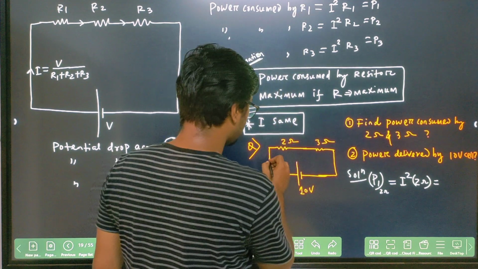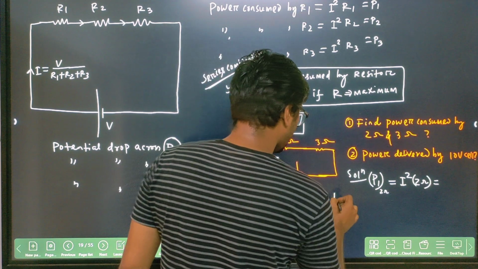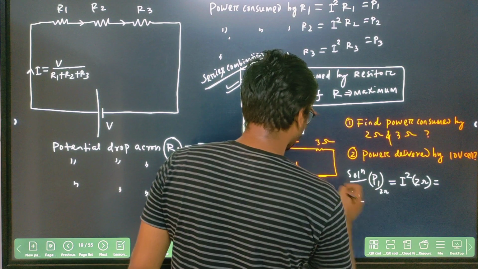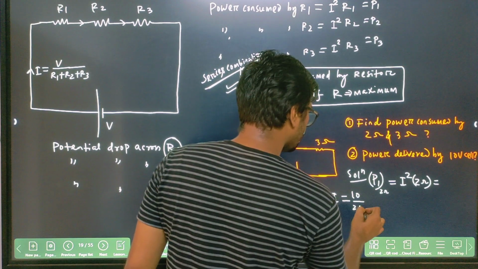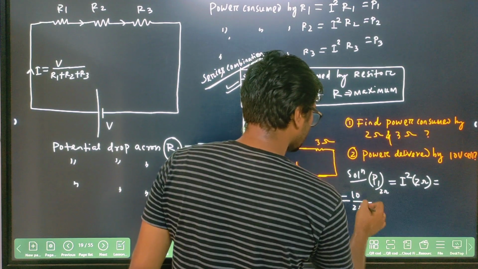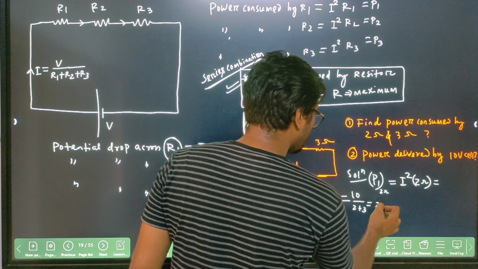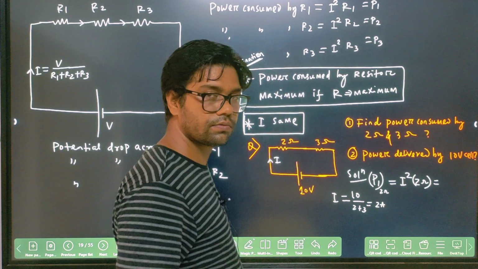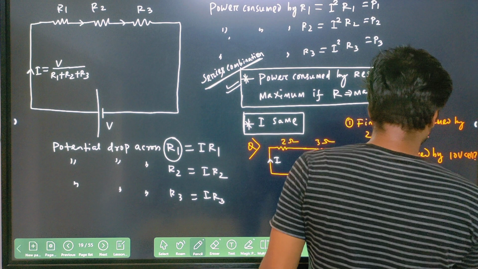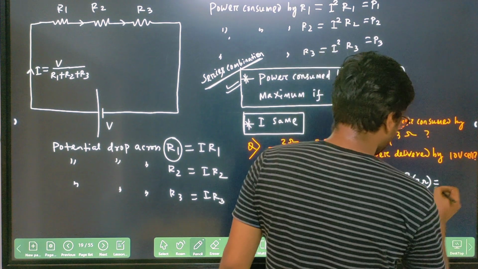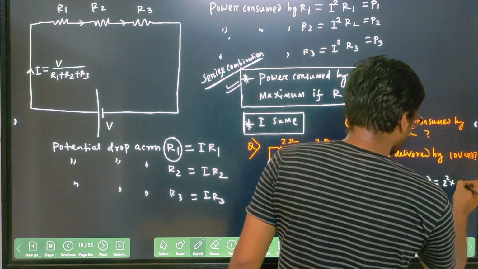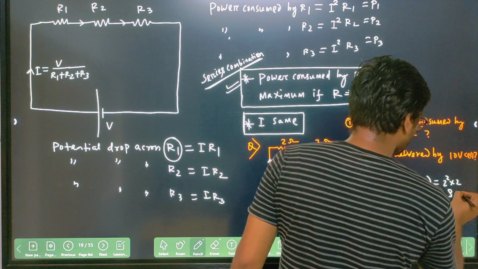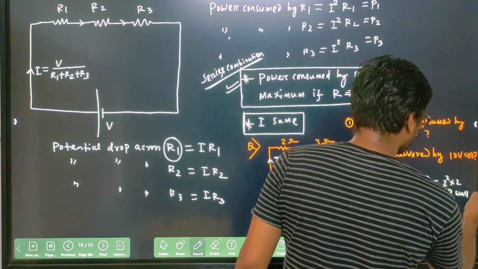You will say that current I will be 10 divided by 2 plus 3, because 2 and 3 are in series. So 10 by 5 will be 2 ampere. 2 ampere current is flowing, right? So it will be I square into 2. I square will be 2 square into 2. How much is it? 4 into 2 will be 8 watt power, right?